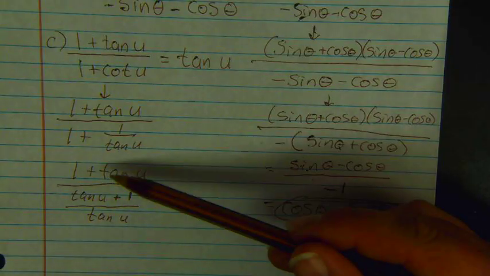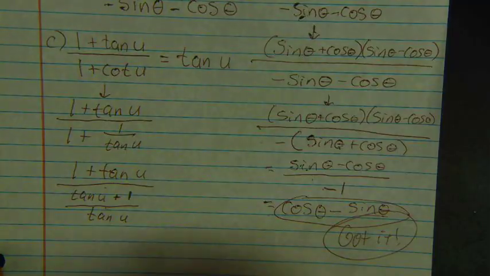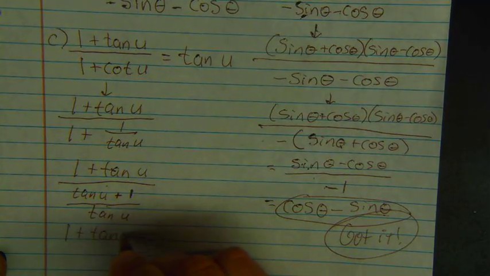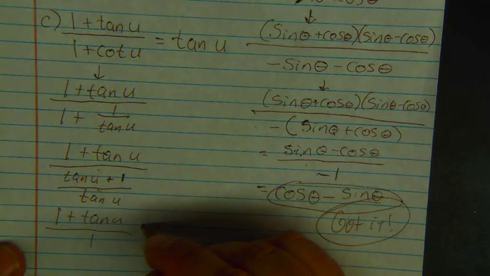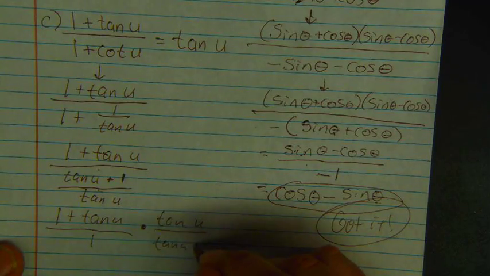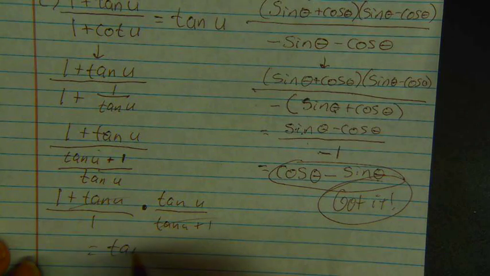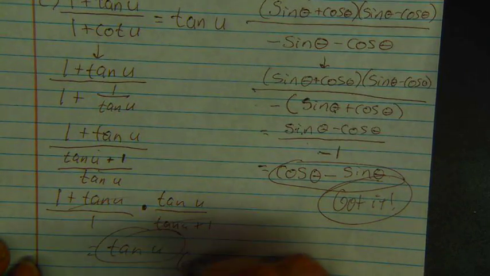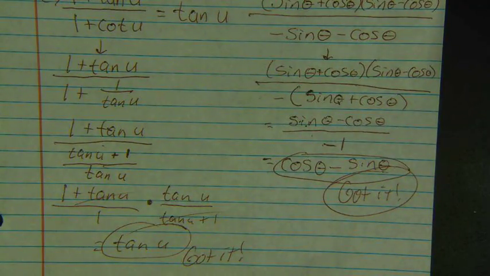Right, because really I'm going to do this divided by this, so I just need to multiply and flip it around. That's what you mean, right? 1 plus tan u, I think of this top as 1 plus tan u over 1, and I think of this bottom, flip it around, tan u over tan u plus 1, and now those will cancel out, leaving us with tan u. Okay? This just takes practice. The more you do, the more you'll see these little tricks, unfortunately.